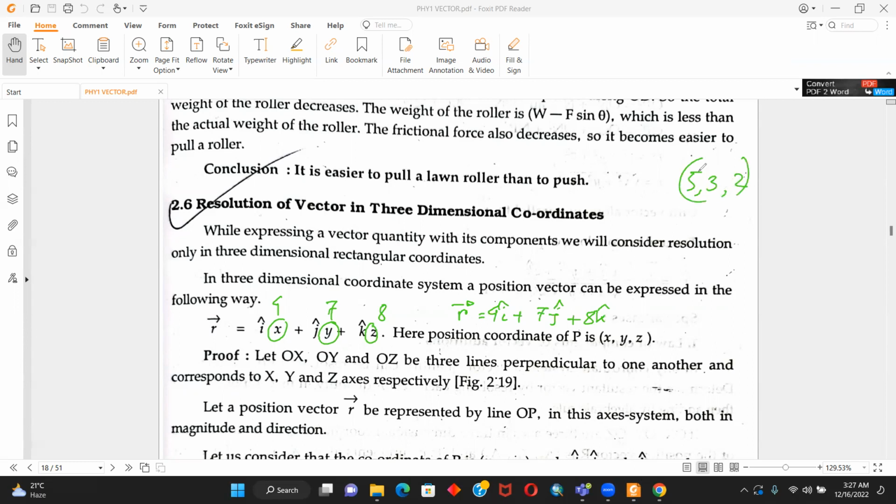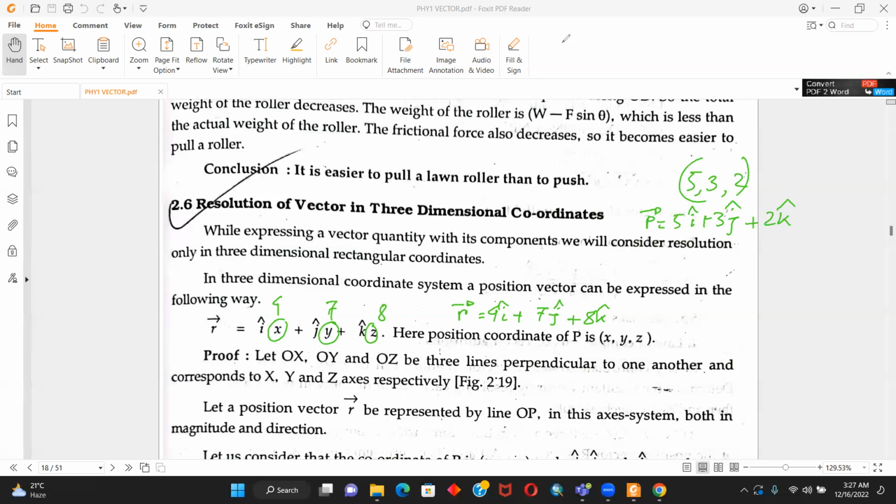Now, I ask you to express its position as a vector in a three-dimensional coordinate system. It would be something like p vector equals to 5i cap, because this is the x-axis coordinate, then 3j cap, and then 2k cap. So it should be fair and clear up until now. It's very simple things.